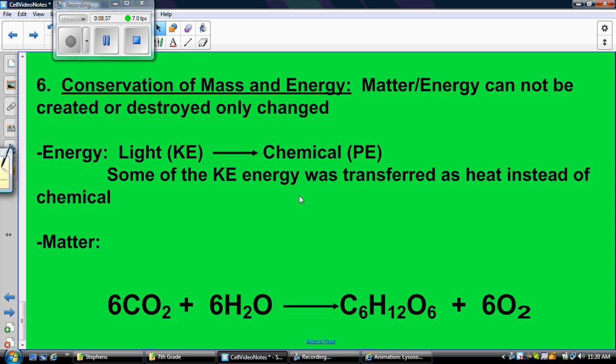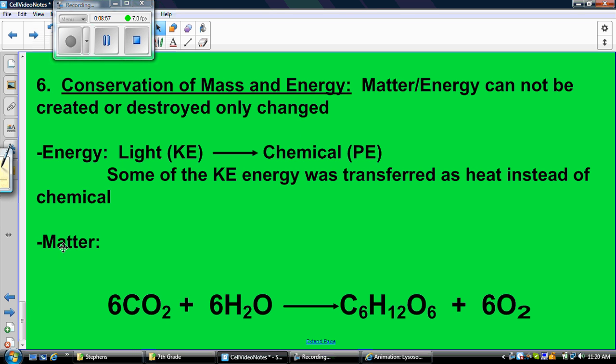Some of it gets transferred as other types of energy as heat. But again, we're not creating or destroying the energy, we're just changing. So we started out using, the plants use light energy, and they just change it into chemical energy that the plant cell uses. So we're not creating or destroying energy, we're just changing it.